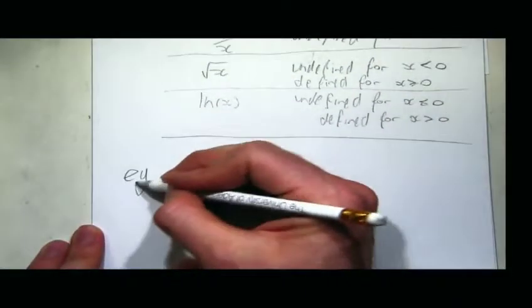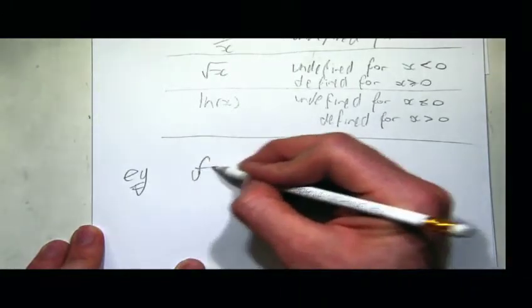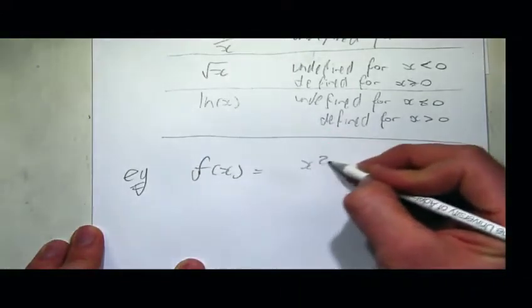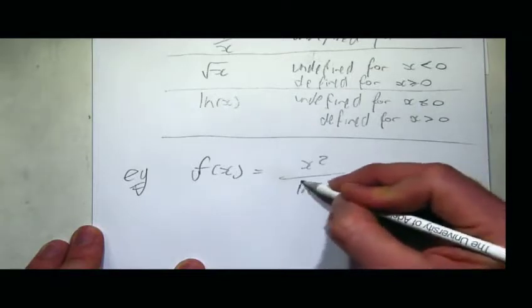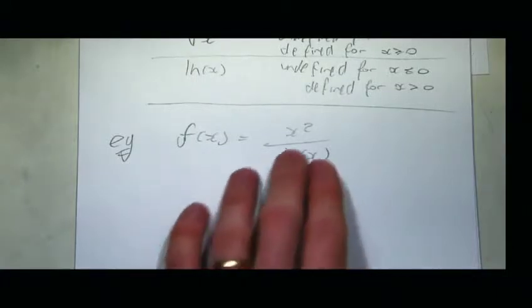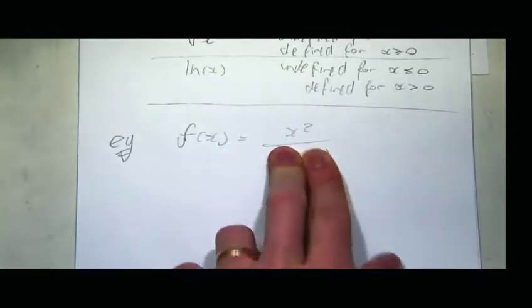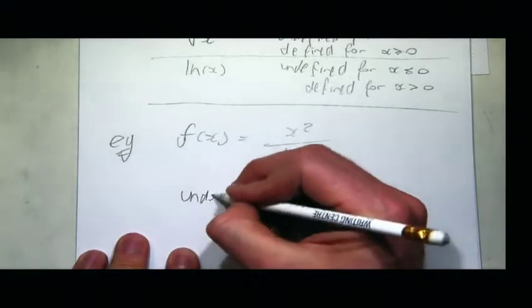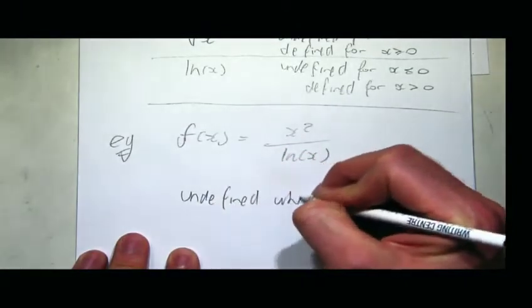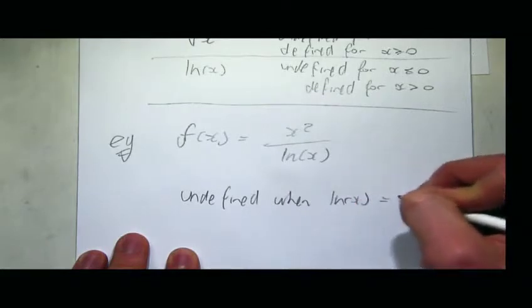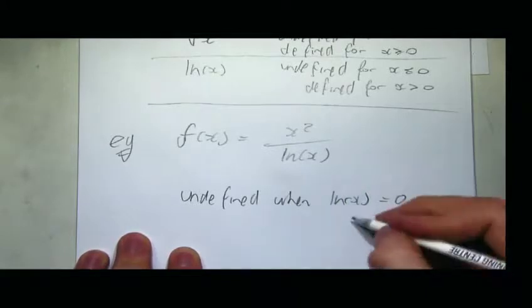So now I'll do my example. For the first layer, I'm going to work my way from the outside to the inside. This will be undefined when whatever is on the bottom is equal to 0. So undefined when ln x equals 0, which means it's undefined when x is 1, because that's when ln x is 0.